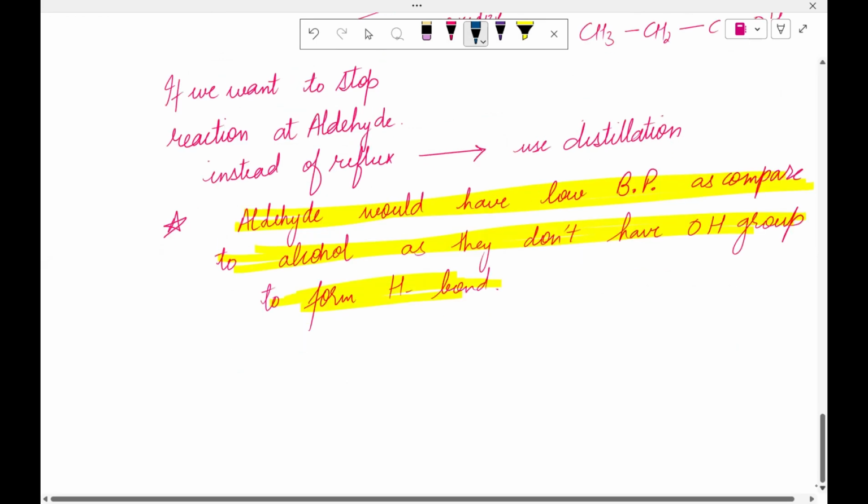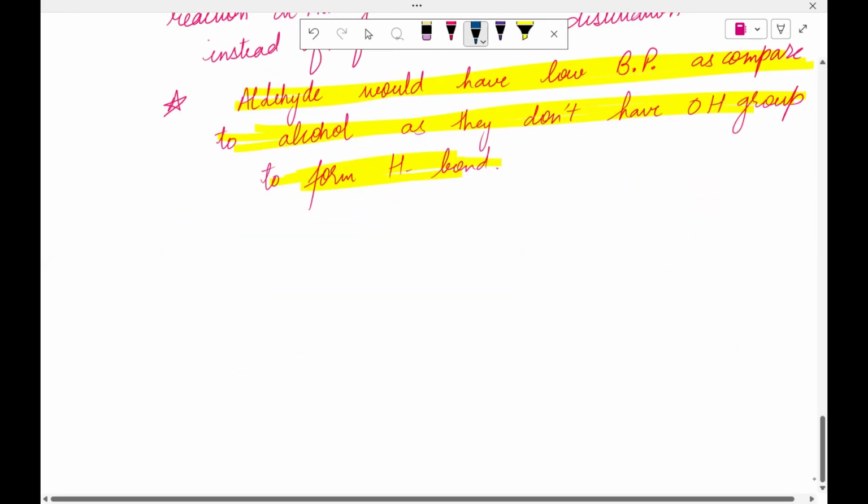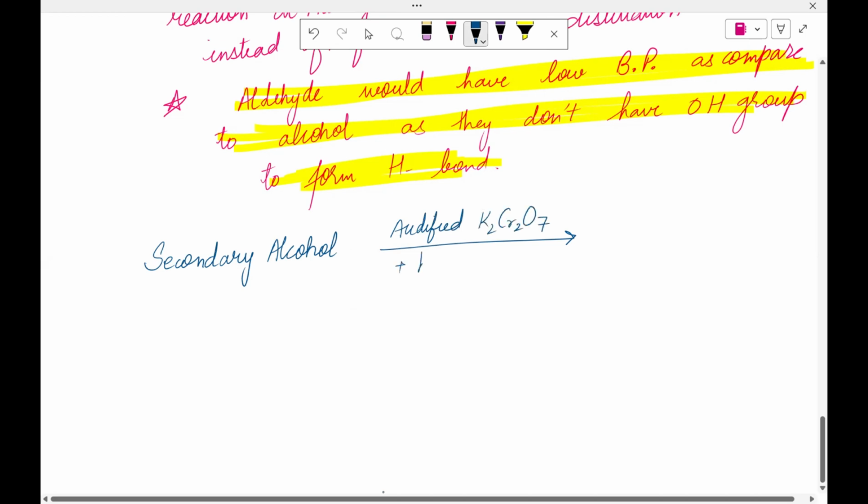Okay. So now let's move towards secondary alcohol, and now you will be able to get your answer for the question that you asked before. Secondary alcohol, when oxidized in the presence of the same reagent, that is acidified K2Cr2O7, and in a heat reflux reaction, so what is going to happen?